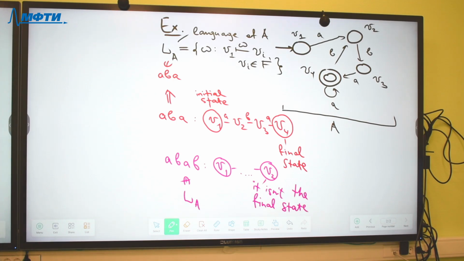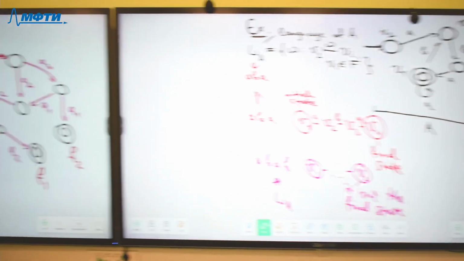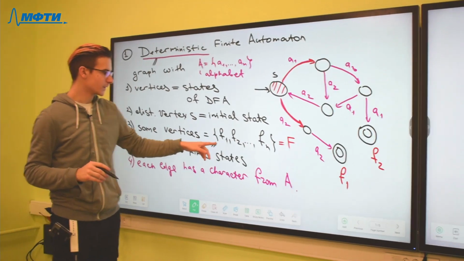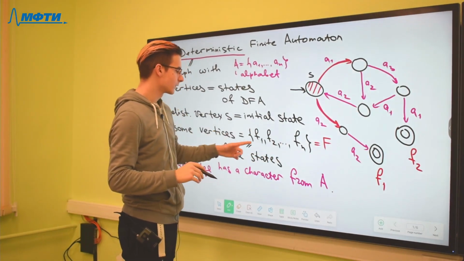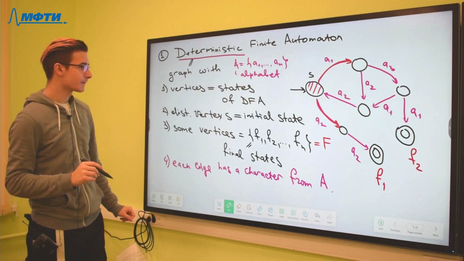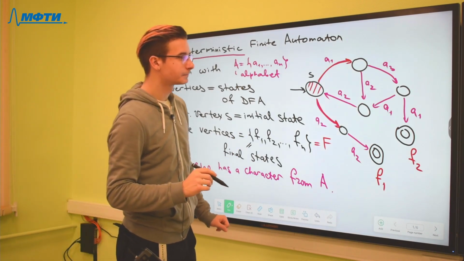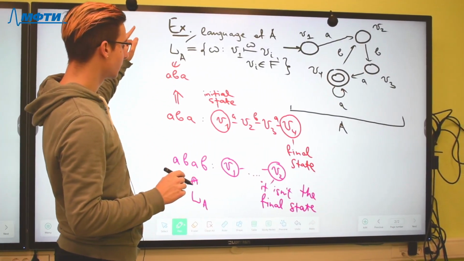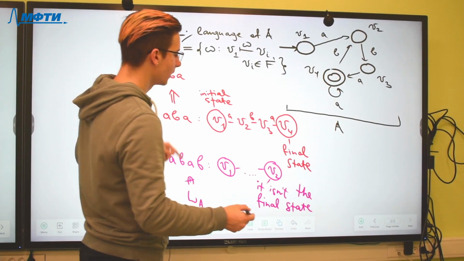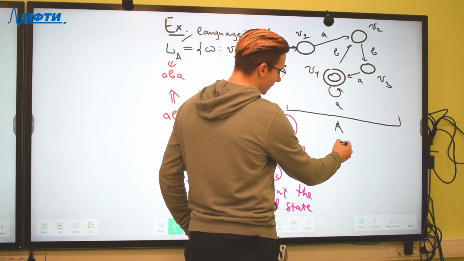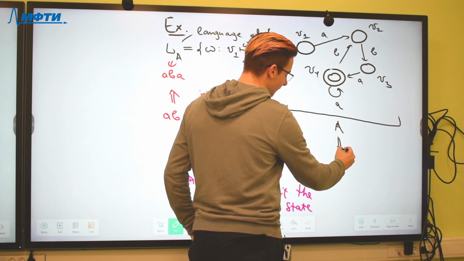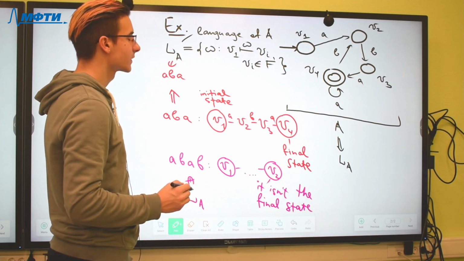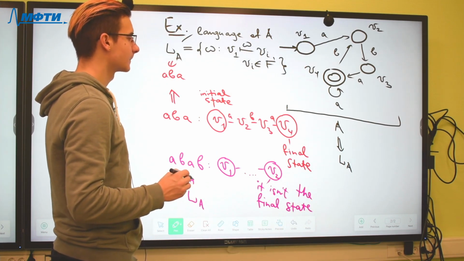As here we say that the set of this vertex is the set of final states. So as we can see in this example, if we have an automaton, we can find some language that is connected with this automaton.